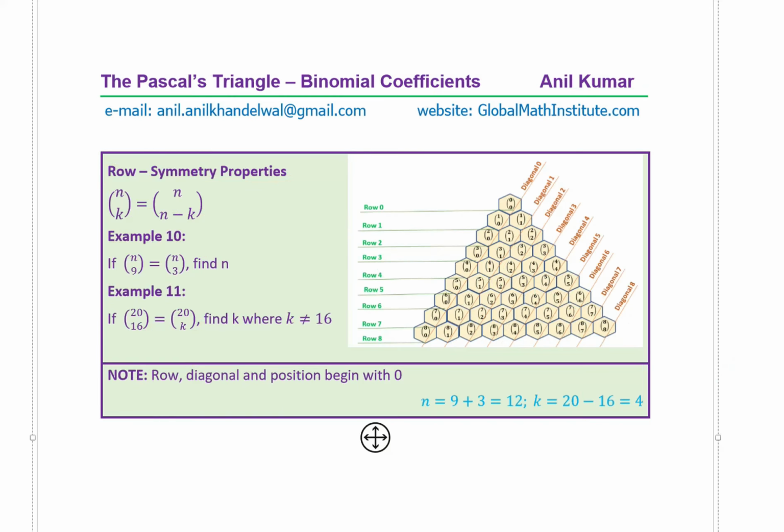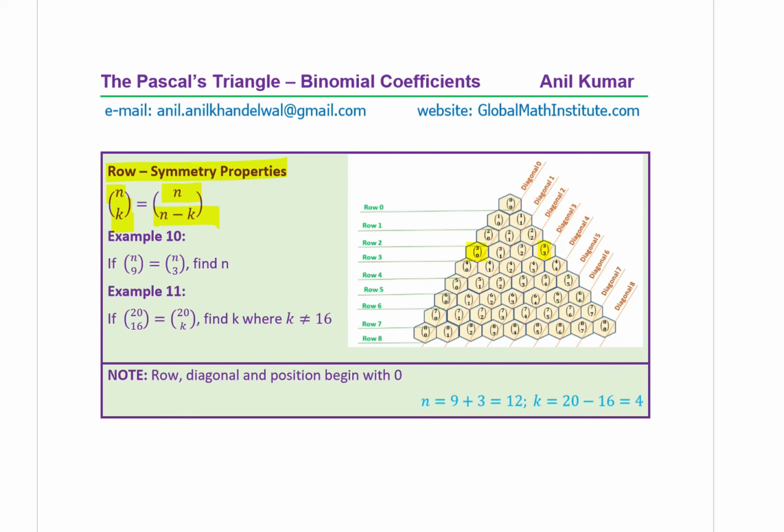Now let's move on and take the next example. We were talking about many symmetries, right? We did notice a particular symmetry which is called row symmetry. Row symmetry means that the elements have the same values from both sides. So nCk equals nC(n minus k).